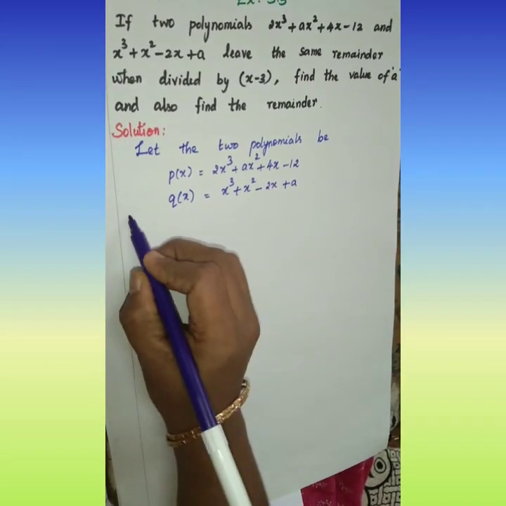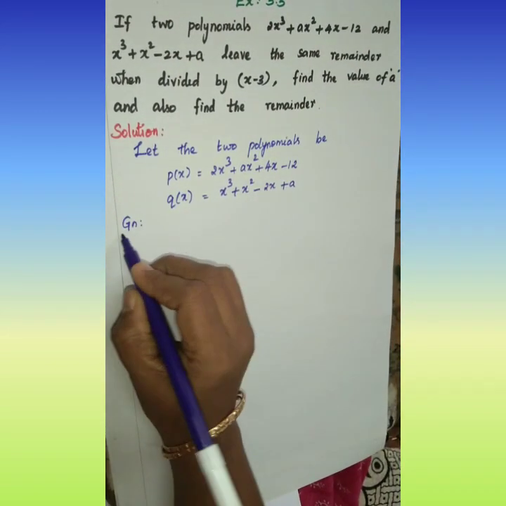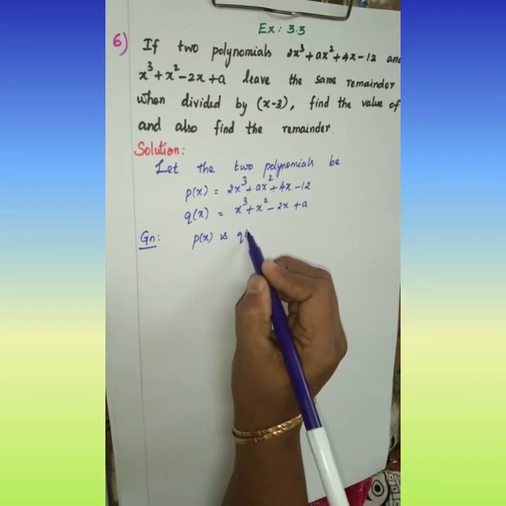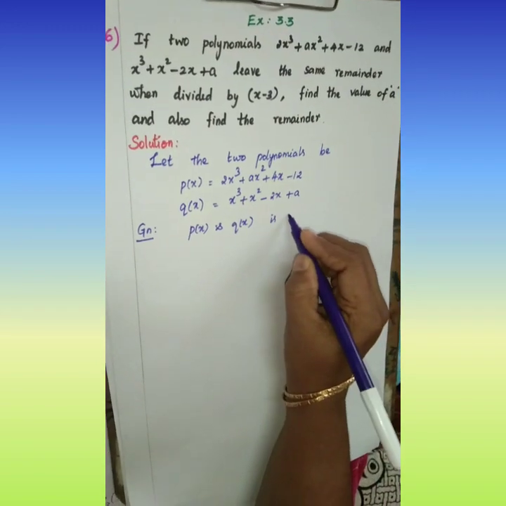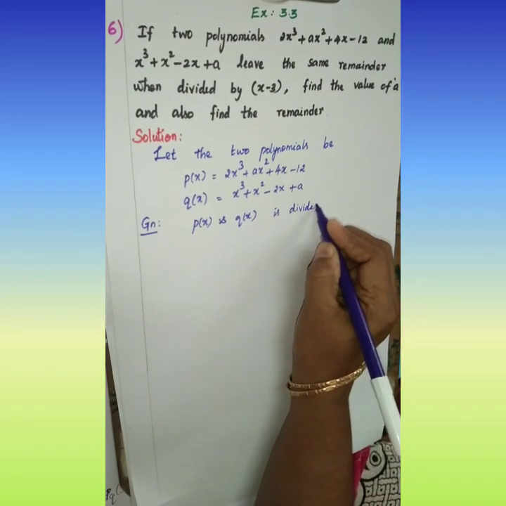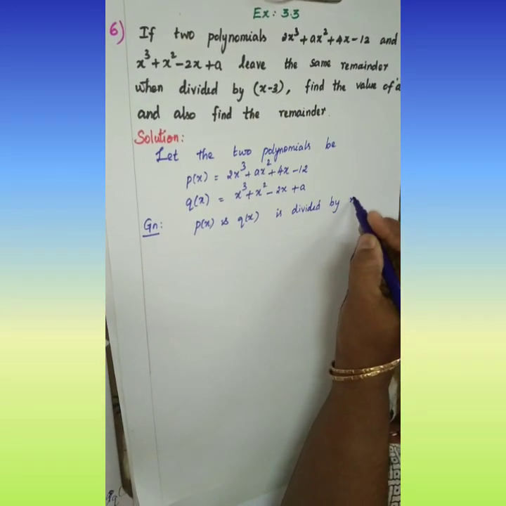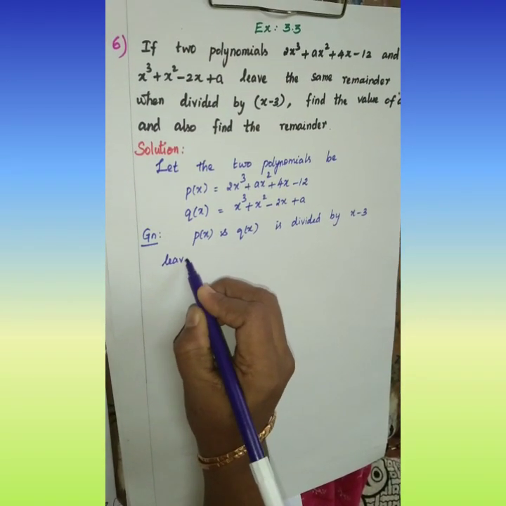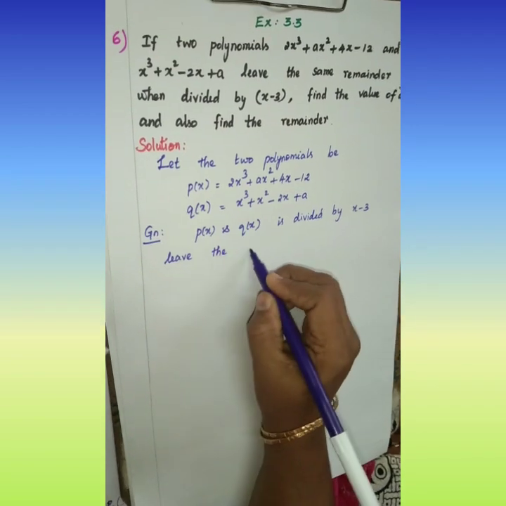Here it is given that p of x and q of x are divided by x minus 3 and leave the same remainder.